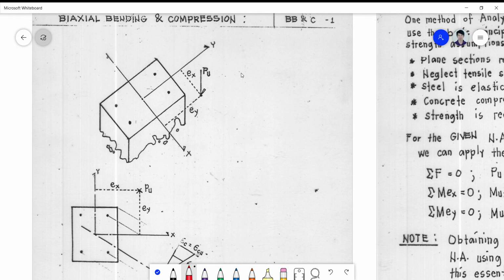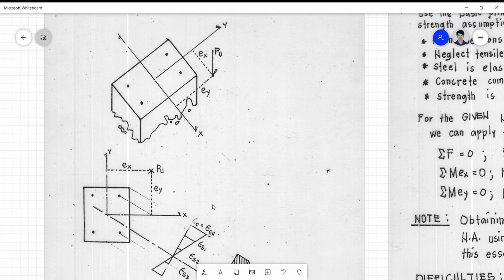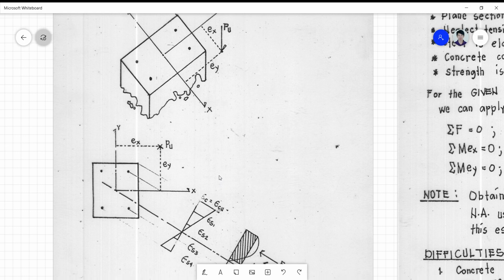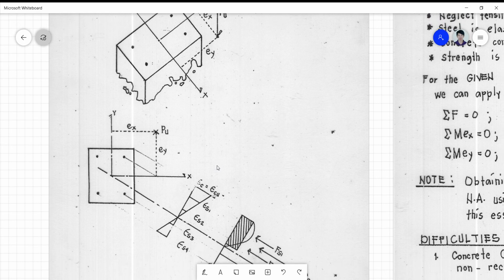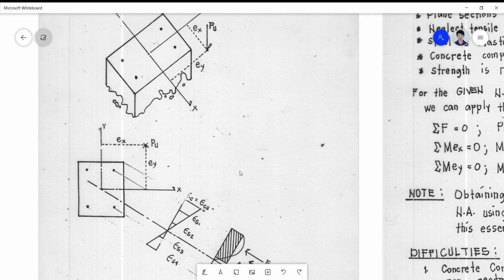Okay, so a very typical column is shown, and we are going to look into the situation wherein the strain and stress compatibility relationship applies. We have to start with the strain diagram here, and then the stress diagram here.